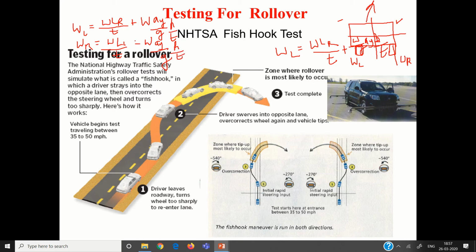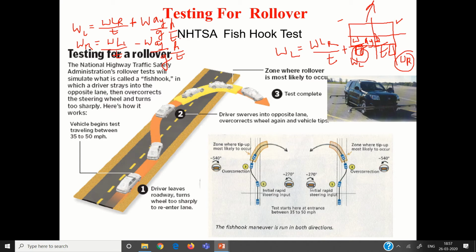Now there is a negative sign here, and a positive sign there. If I go on increasing the lateral acceleration, this wheel will lose weight, and this will start gaining weight.